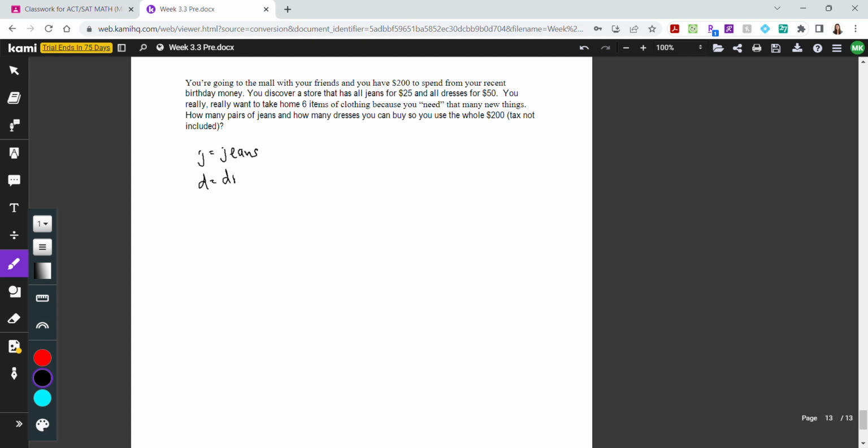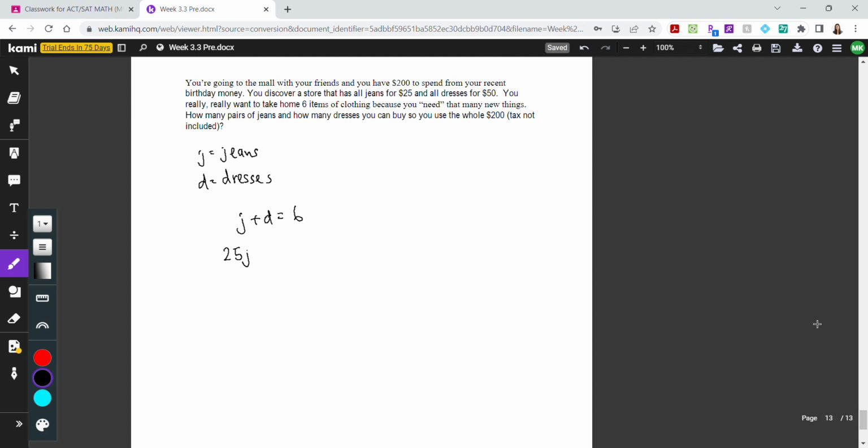All right, so we look at this sentence here. I want to take home 6 clothings, right? So it can be any combination, any number of dresses and jeans. So I'm going to write it as J + D = 6, and that's going to be one of our equations. Now the other one is going to be in terms of money, right? Jeans are 25 each, so we're going to write it as 25J, because for one jean it's 25.